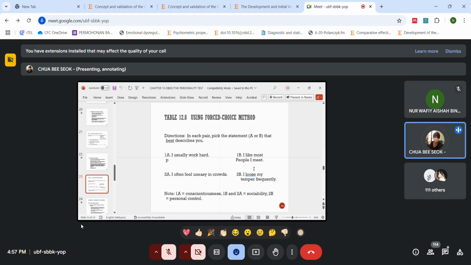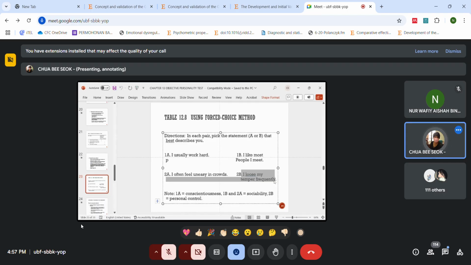For item number two, also the same. I often feel uneasy in crowds. I lose my temper frequently. These items also have social desirable response problems. Item 2B also the same.